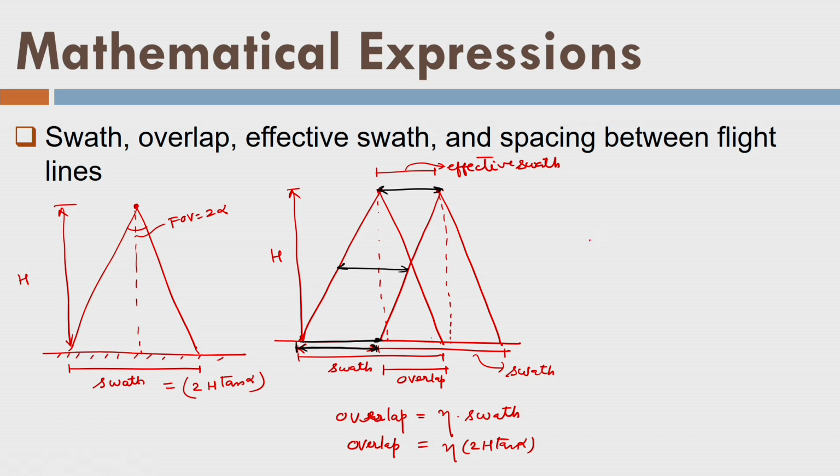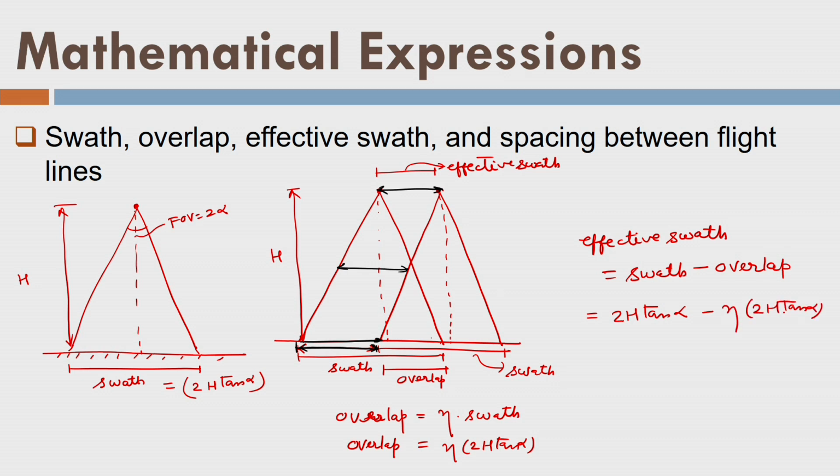you can see here that effective swath is nothing but swath minus overlap. So I can write here 2h tangent of alpha minus eta times 2h tangent of alpha, or I can also write 2h tangent of alpha into 1 minus eta.